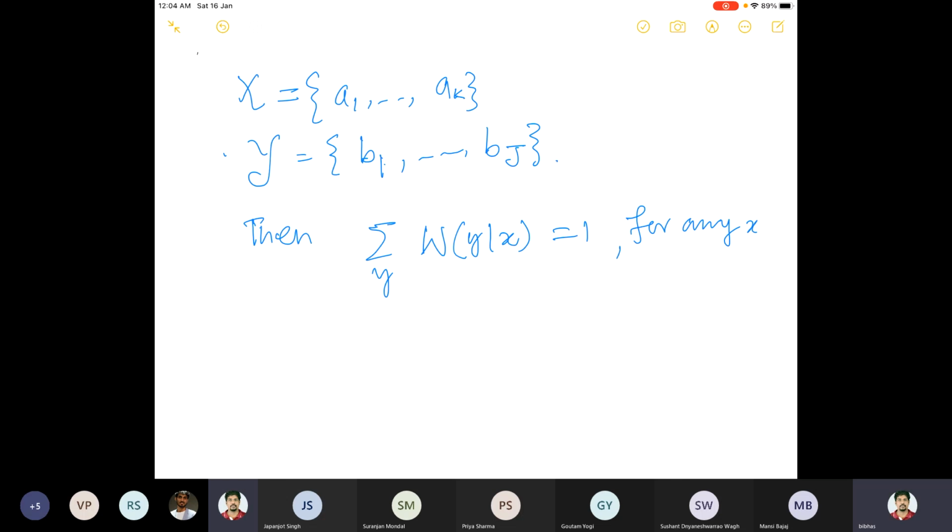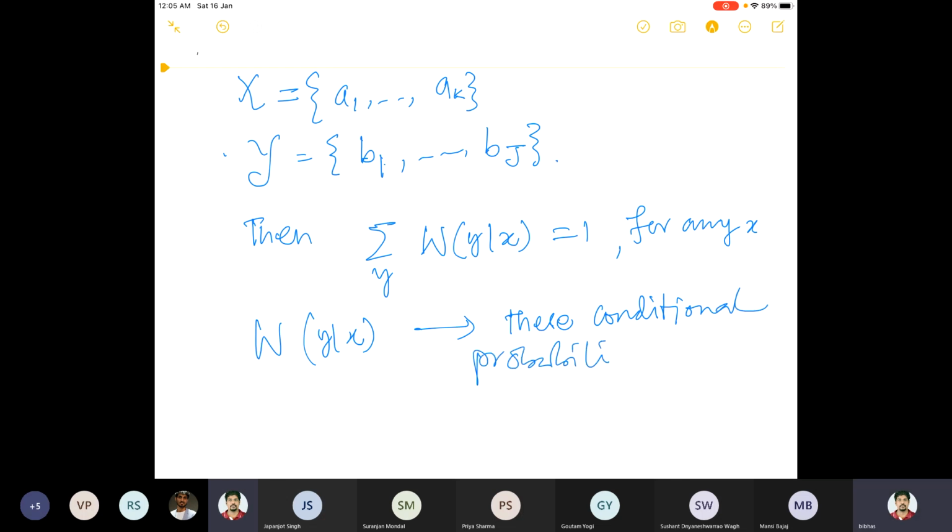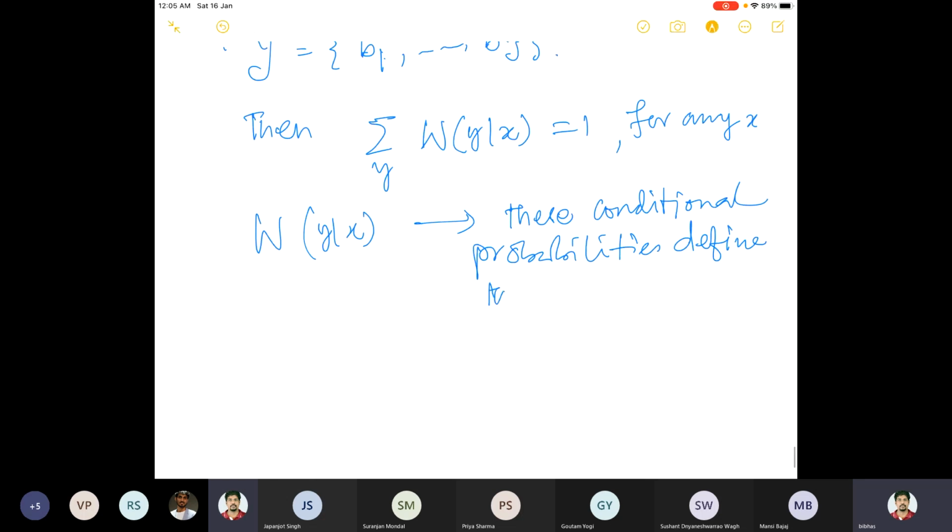And these conditional probabilities, W of y given x, define the channel. So what is the meaning of a channel? A channel is nothing but a set of conditional probabilities.